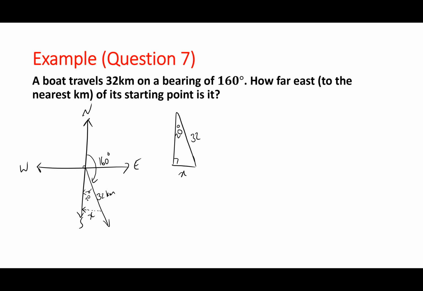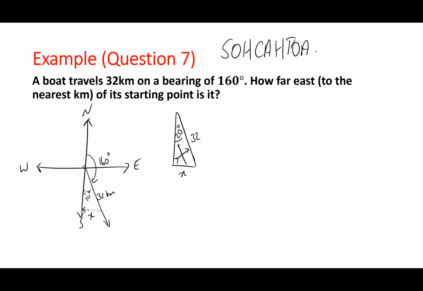Okay, and because we're doing trig questions, we're going to write SOHCAHTOA on the top, and use that to help us find which one this is. We have an opposite and a hypotenuse, so it must be sine. Again, funnily enough. So sine theta is equal to opposite over hypotenuse.